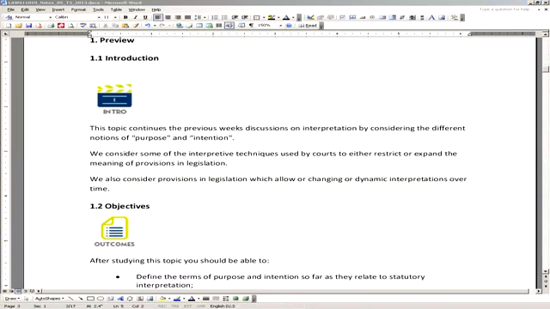We consider some of the techniques that courts use in this regard, and how they might either narrow the meaning of words or expand the meaning of words. A good example of this, which is quite well known, is that our Commonwealth Constitution doesn't really mention this concept of freedom of speech.